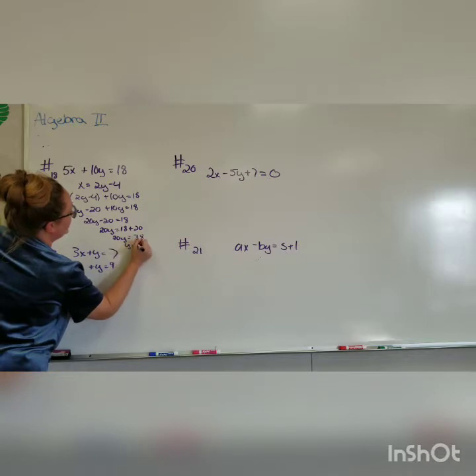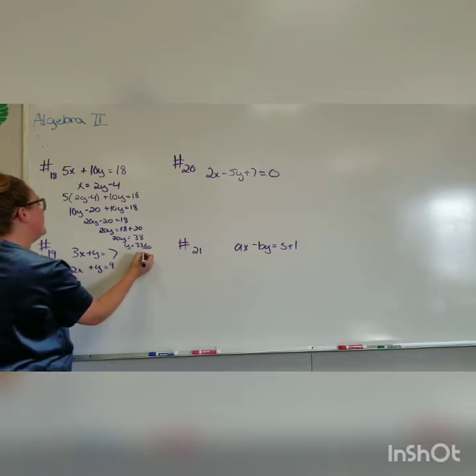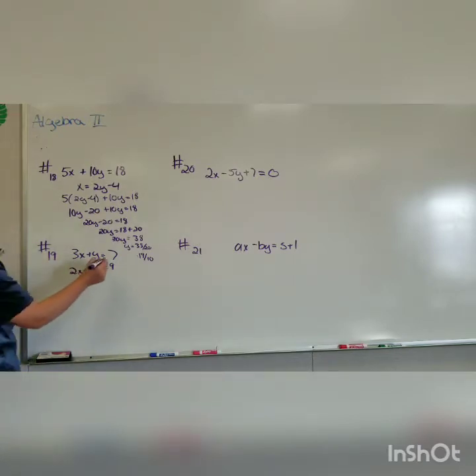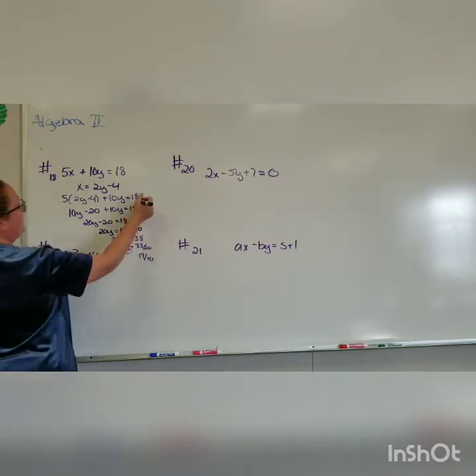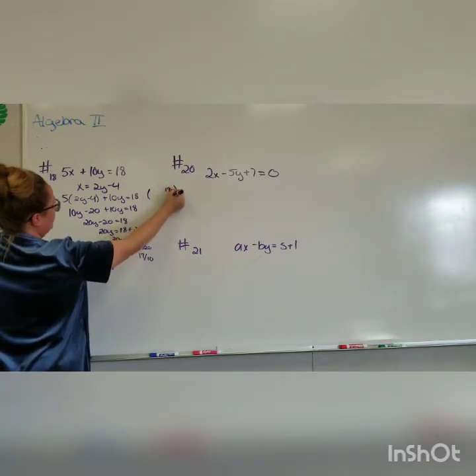Y equals 38 divided by 20, which is going to reduce by 2. 38 divided by 2 is 19. 20 divided by 2 is 10. 19 over 10. So in this equation, realize you've solved for y, not x. So in your solution, y is 19 over 10.